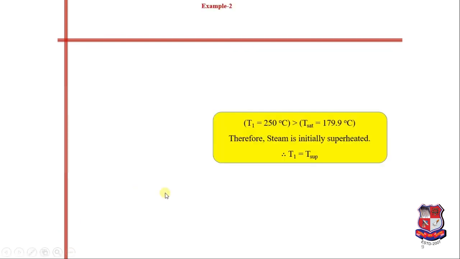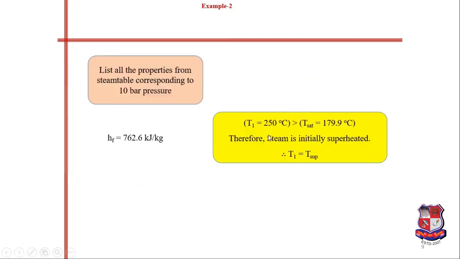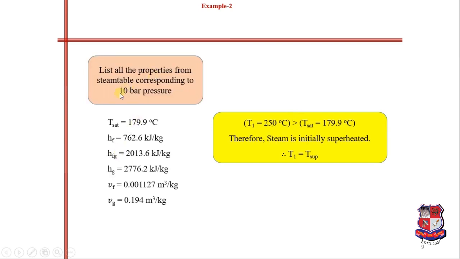Okay. So first, from steam table, list all the properties. We already did this in previous example, that was also at 10 bar pressure, so we know these properties. So here saturation temperature at 10 bar pressure is 179.9 degrees Celsius, and we are given the temperature of steam is 250 degrees Celsius.